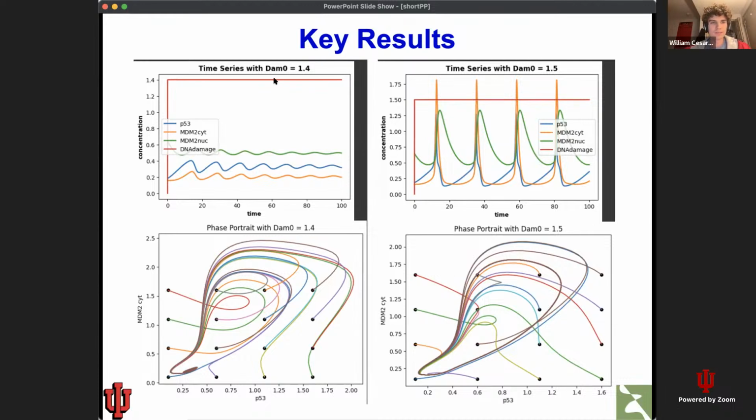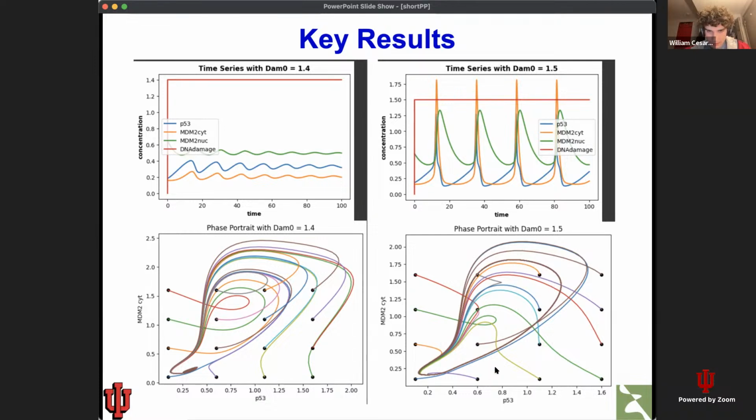But if we increase it to 1.5 from 1.4, we instantly see these huge pulses, repetitive over and over. And in our phase portrait, we see loops. Unlike before, where we saw no loops. Here it's kind of hard to see, I was trying to make it easier, but there's this one clear loop.